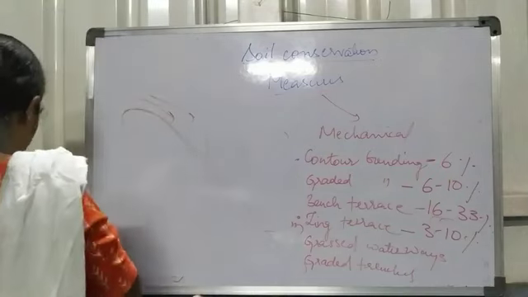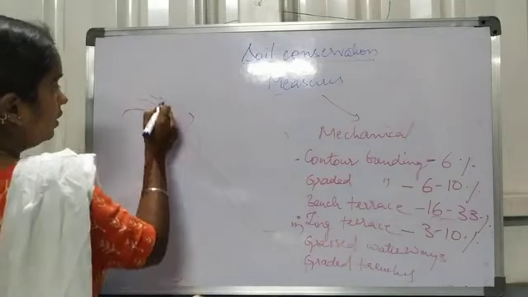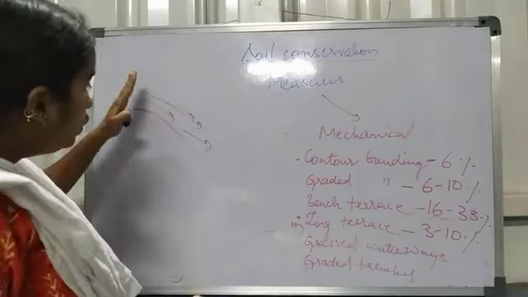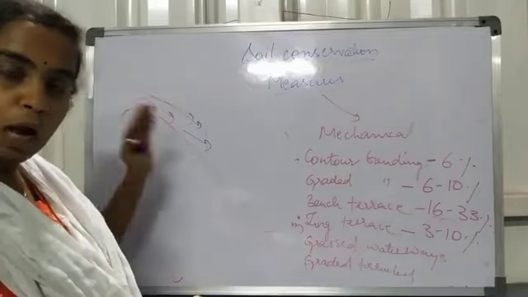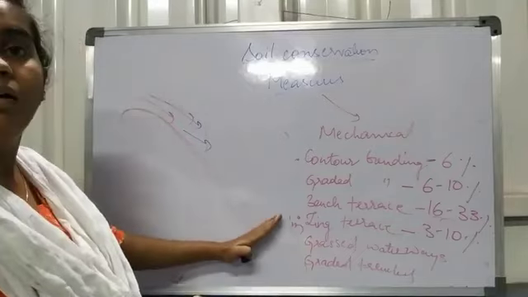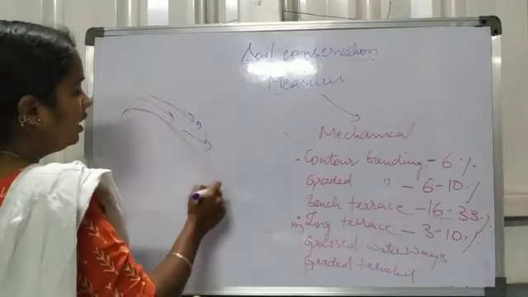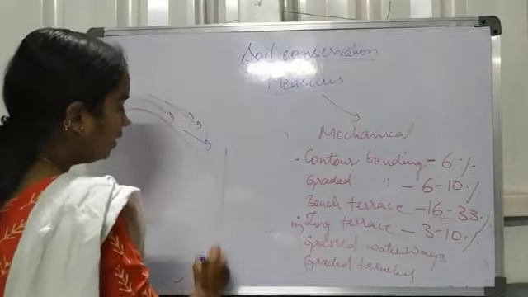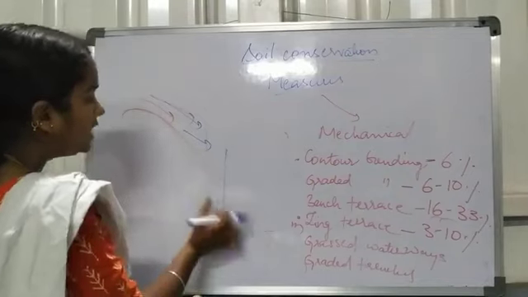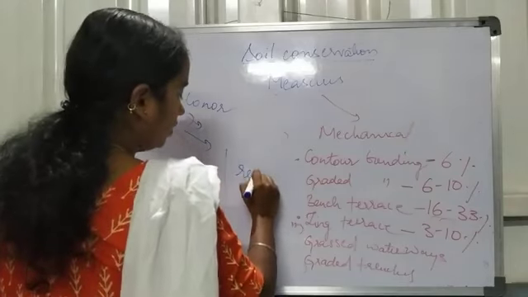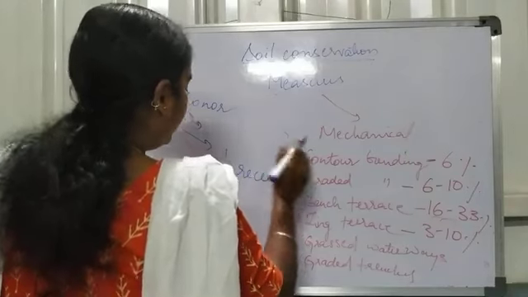If the rainfall falls like this, the soil will be eroded from the top to the bottom, and also water will be eroded from top to the bottom, right? So in zinc terracing, what they do is they divide the hilly slope into donor and receiver or acceptor, right?